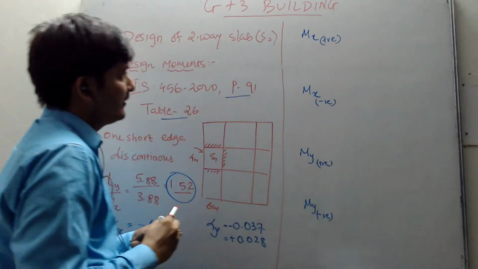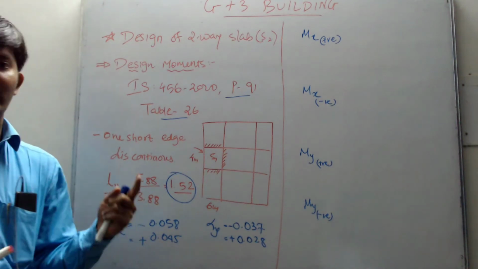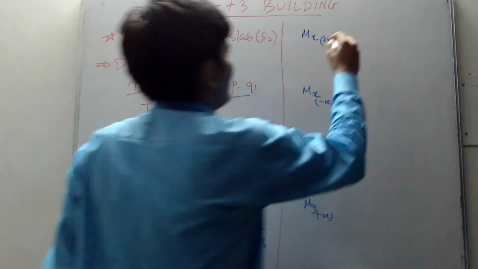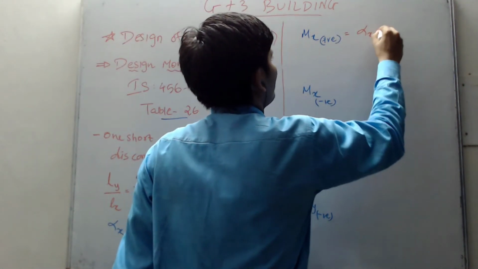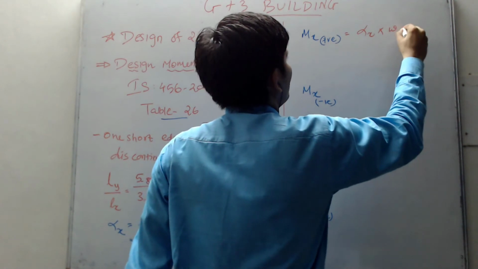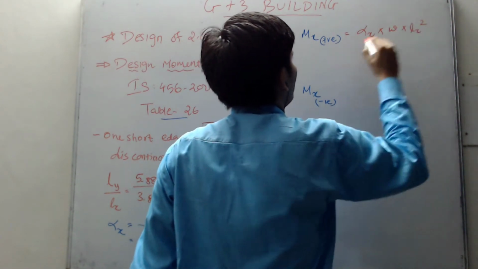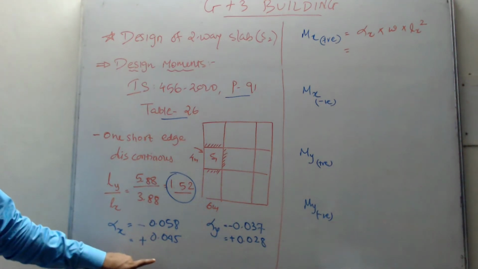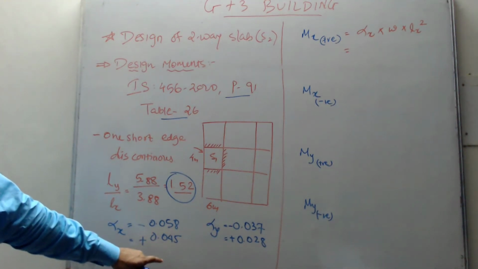So what is the formula that is given in the IS code? It is alpha x multiplied by W into Lx square, right? So positive alpha x value is 0.045 multiplied by W that we calculated in the previous lecture.